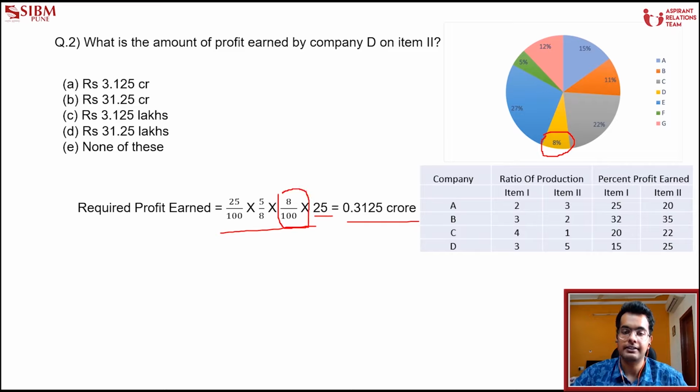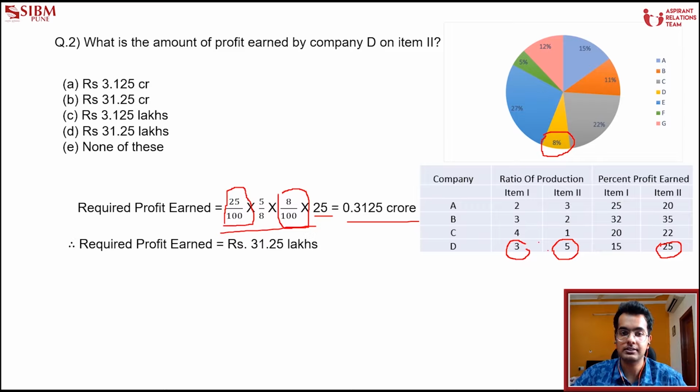Next, the ratio of production for item 1 and 2 for company D is 3:5, so we get 3 plus 5, that is 8 in the denominator, and since item 2 is 5, it's 5/8. And next, we know that 25% of the cost is profit for item 2. So we find 25% of the value, and solving this whole equation, we get 0.3125 crores, which is 31.25 lakhs. That's option D.